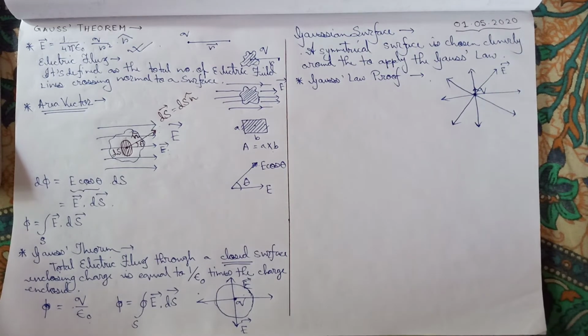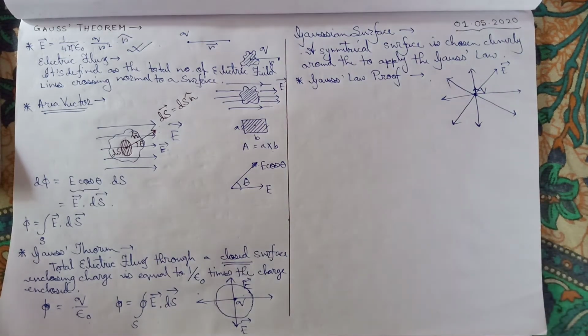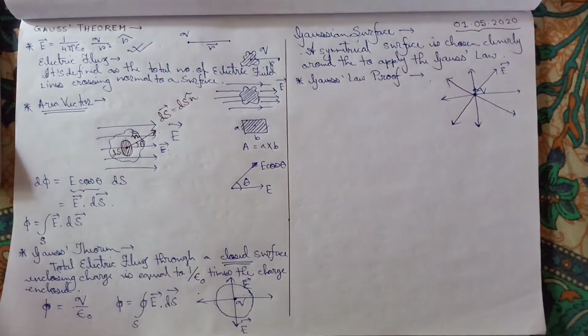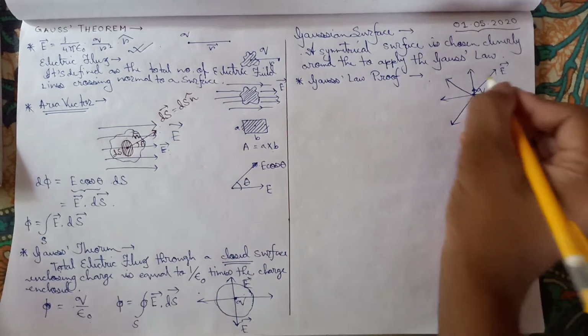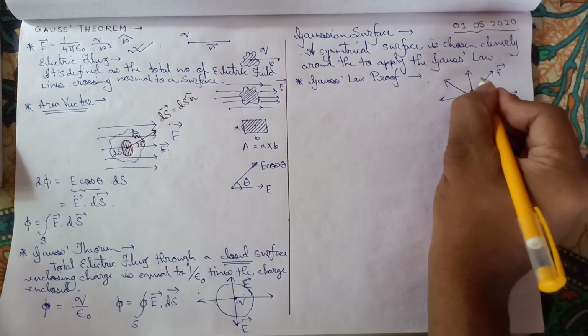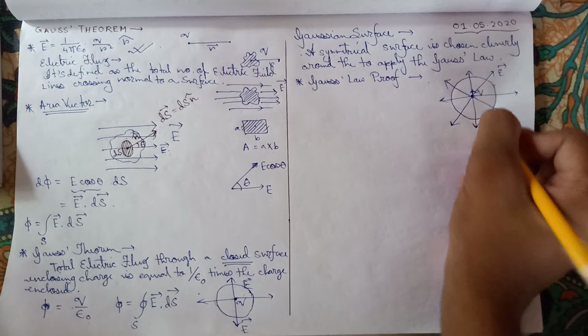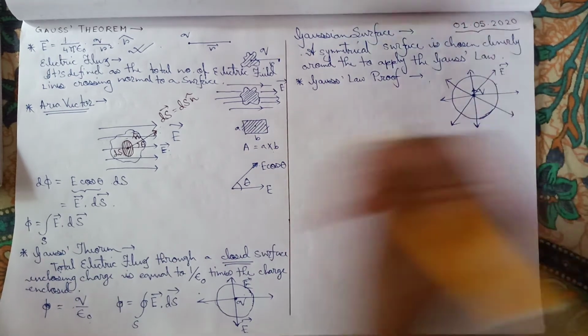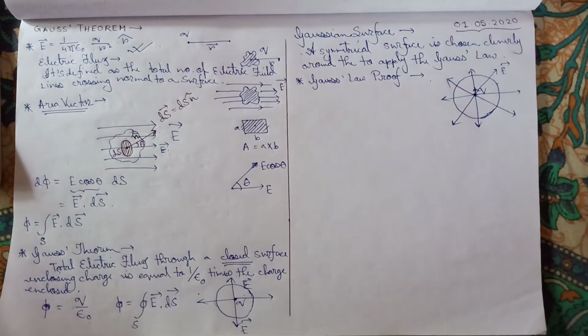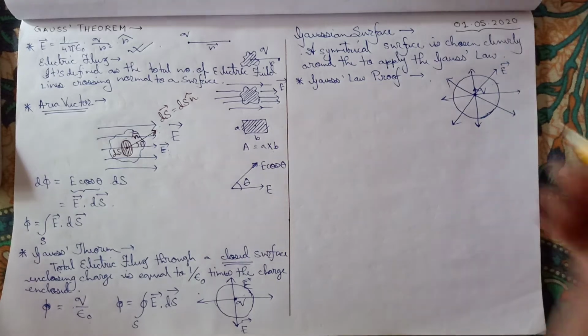If light comes from a point source in 3D, it will go to all portions symmetrically, spherically. So we will consider a spherical surface. That is the Gaussian surface for us, for this special purpose.